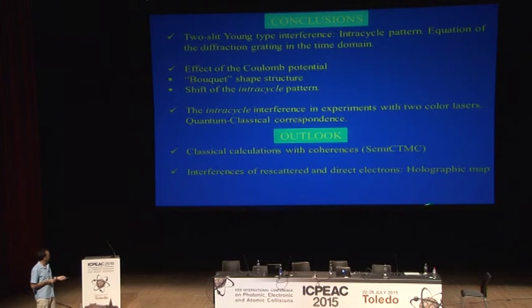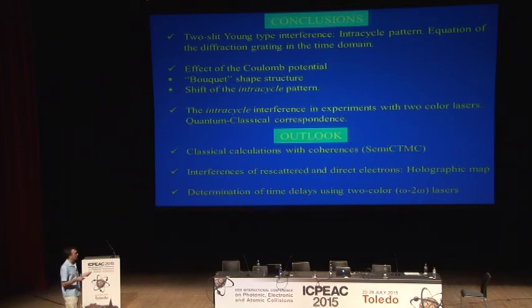And maybe we can see some interferences, not only among direct electrons, as I have shown, but also between direct electrons and rescattered electrons. And also, we are working on a protocol for how to determine the time delays using two-color laser pulses.